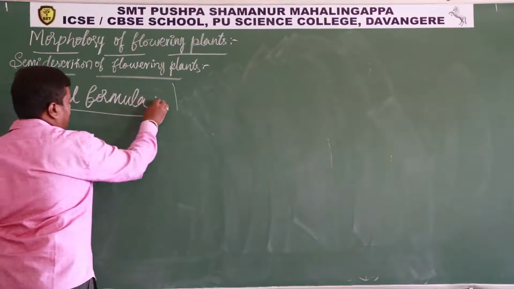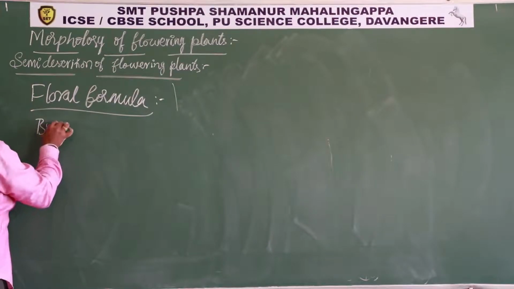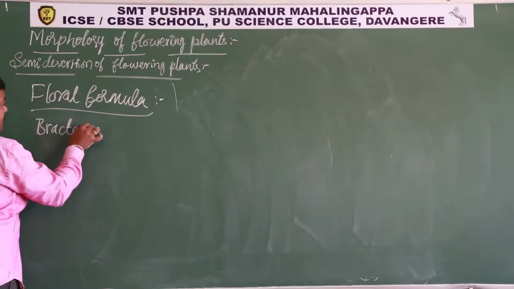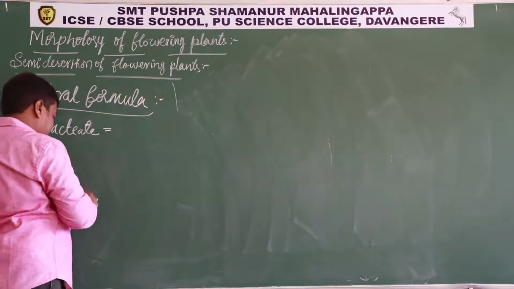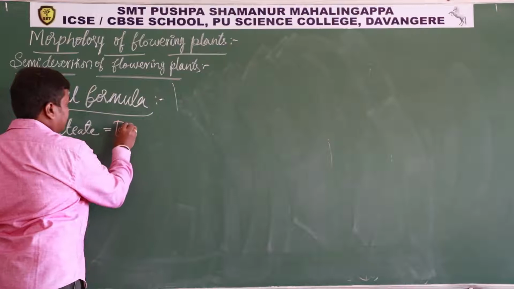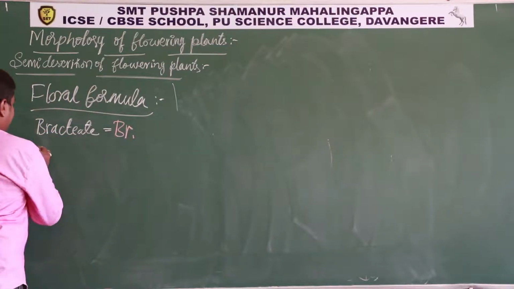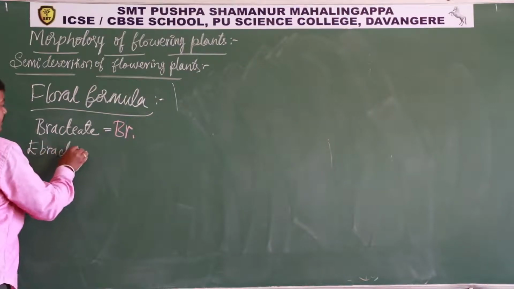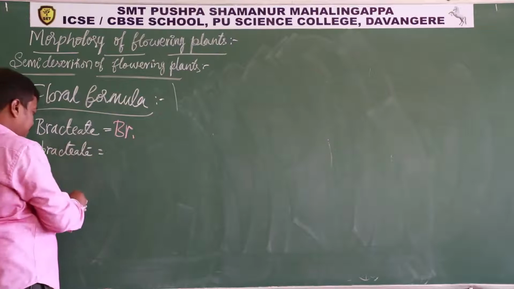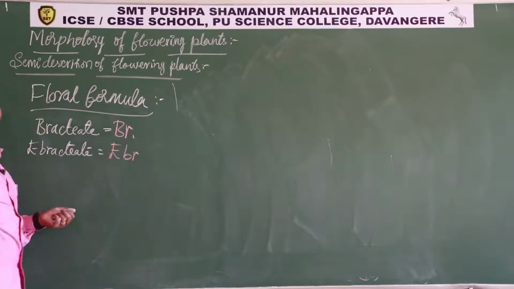So the floral formula should begin with whether the flower is bracteate or ebracteate. If the flower is bracteate, you should write BR, capital B, small r. If it is ebracteate, you should write EBR.